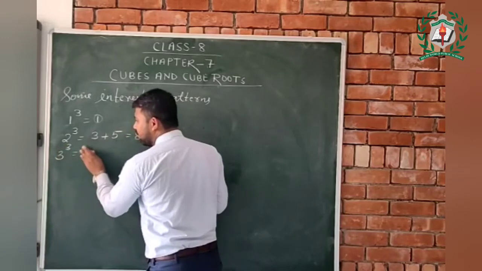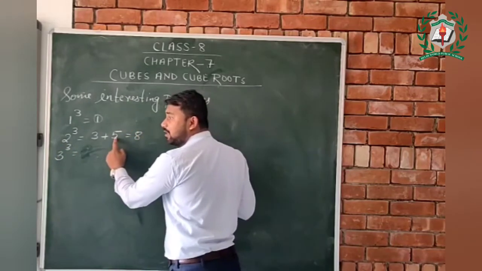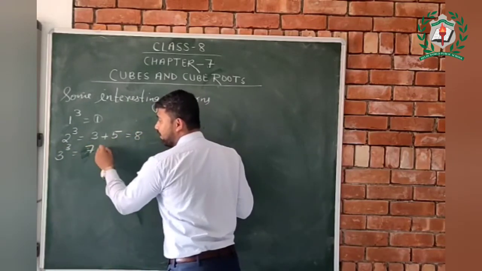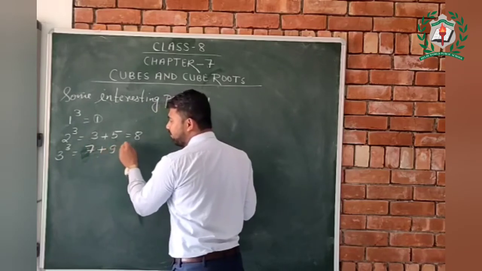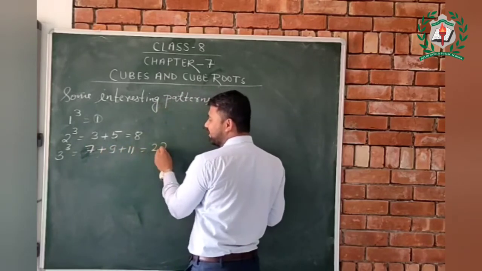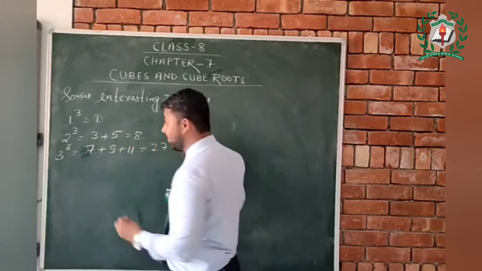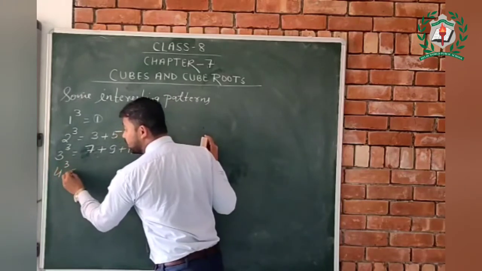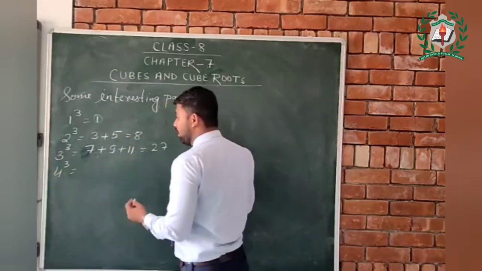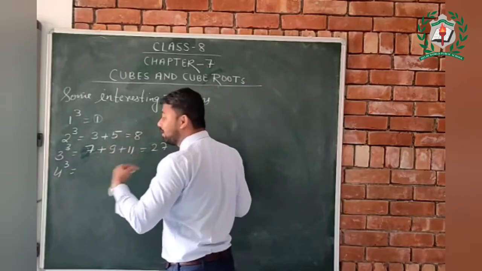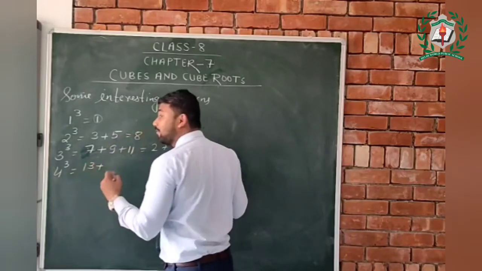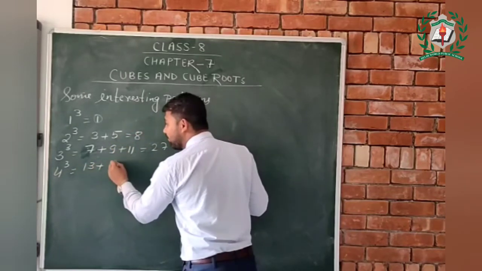Now again, 3 cube is 27. After 5, which odd number comes? 7. After 7, 9. After 9, 11. 7 plus 9 plus 11 is 27. This is the interesting pattern. 4 cube is 64. After 11, which odd number comes? 13. After 13, 15.